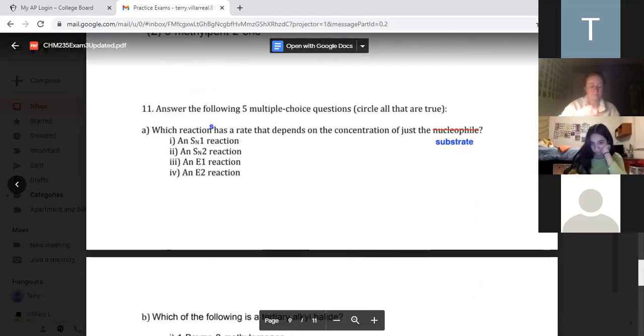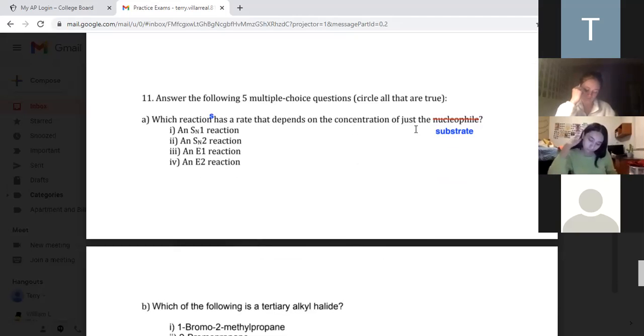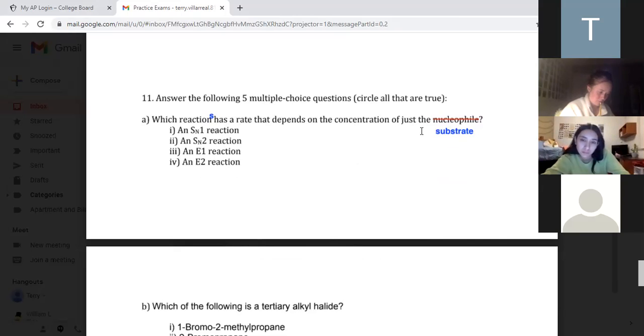All right, so answer the 5 following multiple choice questions. Circle all that are true. Which reactions has a rate that depends on the concentration of the substrate? Which one has a rate that depends on the concentration of the substrate? Think about that.